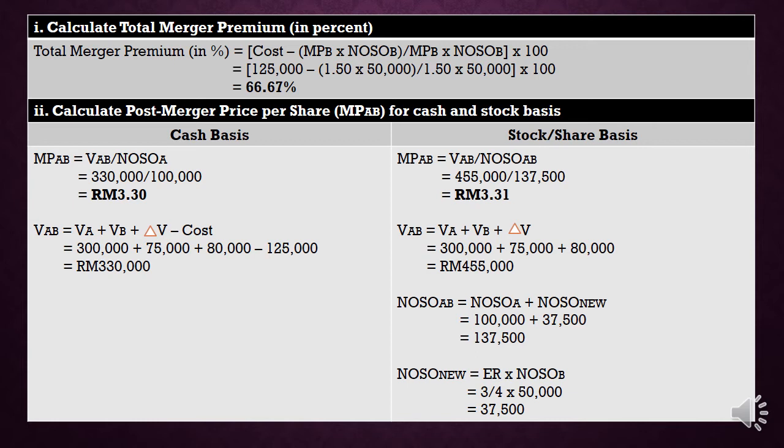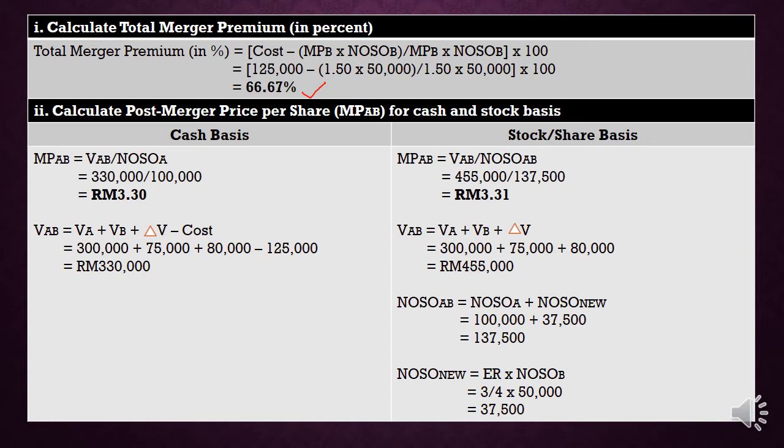So you will get the end answer for total merger premium in percent equals 66.67%.